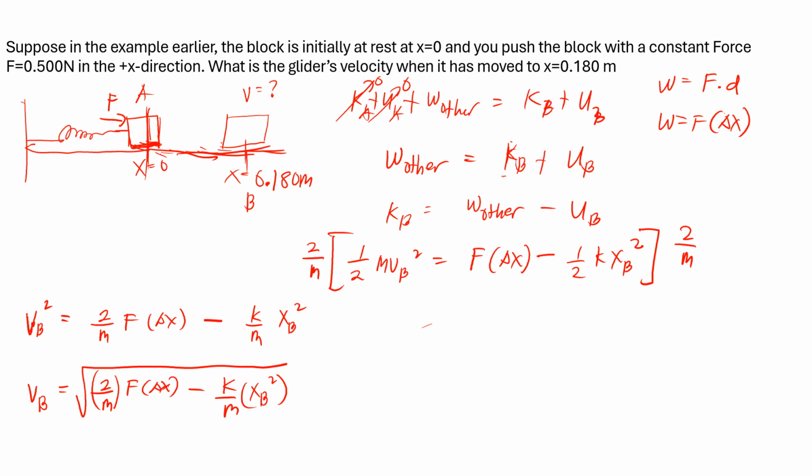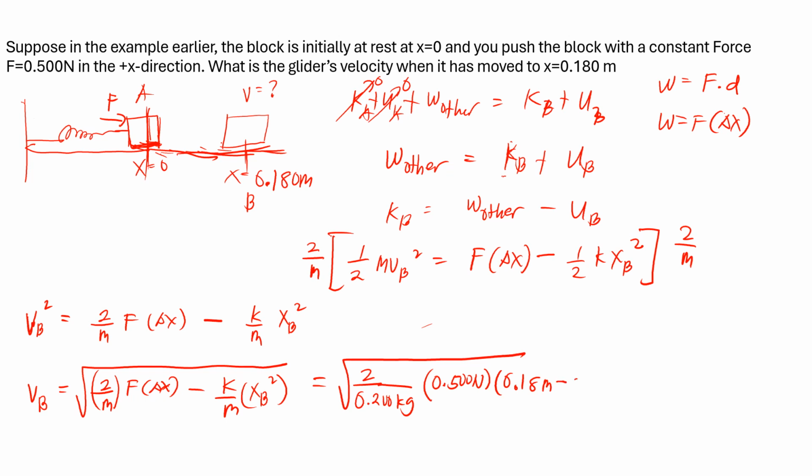Substituting, we'll have 2 over the mass, which was 0.200 kilograms, times the constant force, 0.500 newtons, multiplied by the displacement, which is 0.18 minus 0, so it's still 0.18 meters.